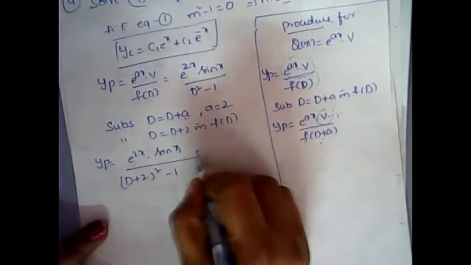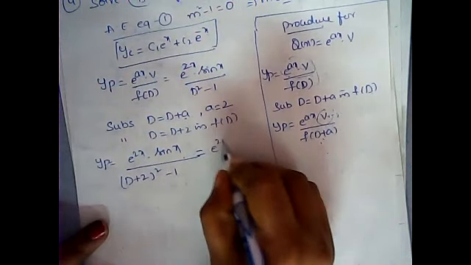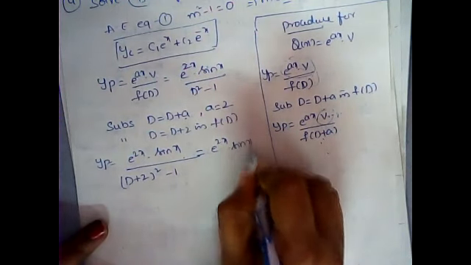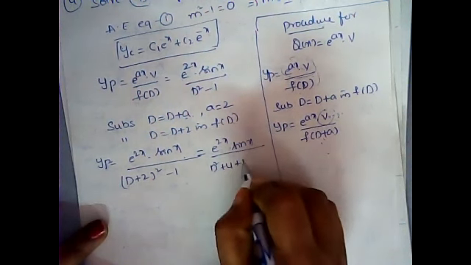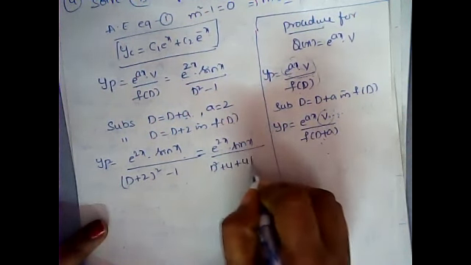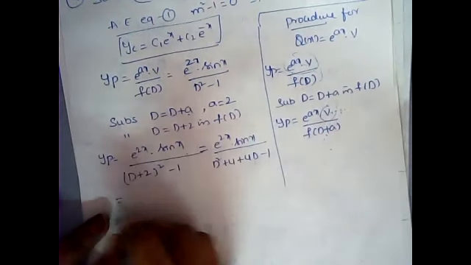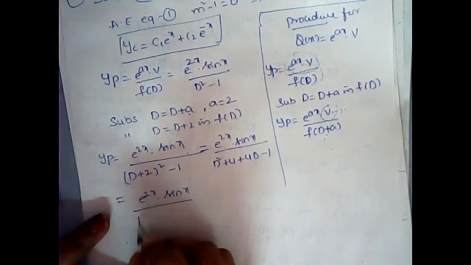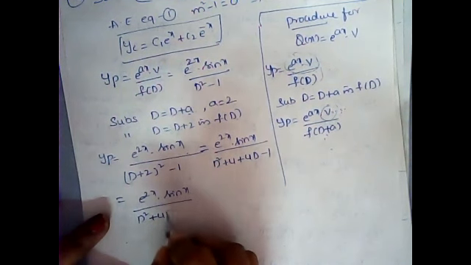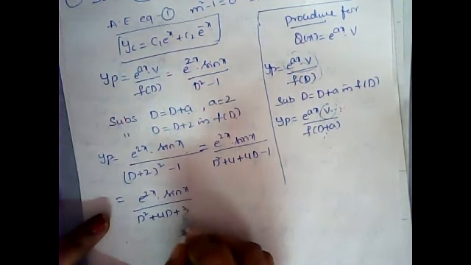Applying the expansion, e power 2x into sin x by D square plus 4 plus 4D minus 1, which is e power 2x into sin x by D square plus 4D plus 3.